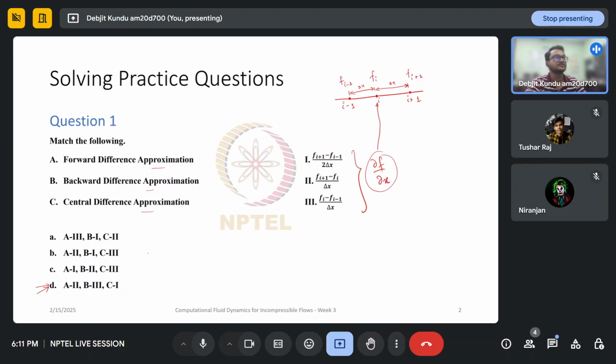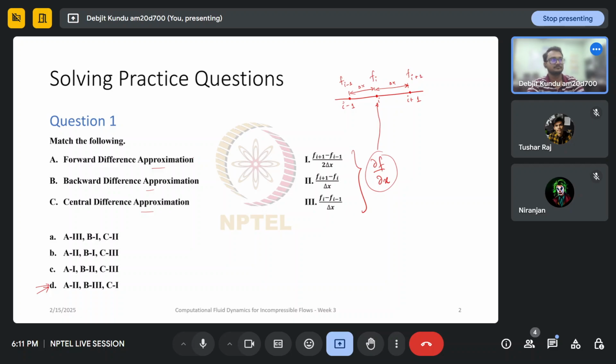So in forward difference approximation, while computing the derivative at a certain point, we consider other points which are forward to that point. Let's say if I is our reference point, we will consider all points which are greater than I. So I plus 1, I plus 2, I plus 3, depending on what order derivative and what order accuracy you are considering, but it will be I or more.